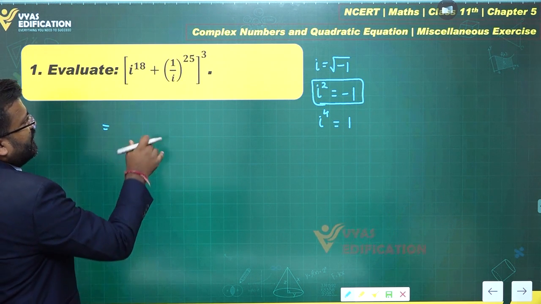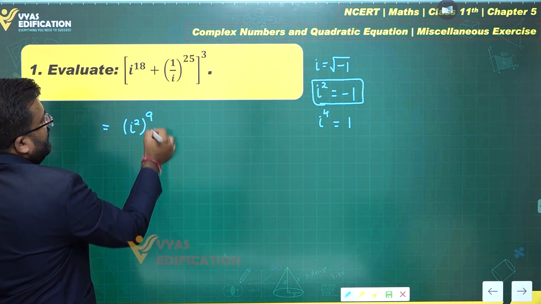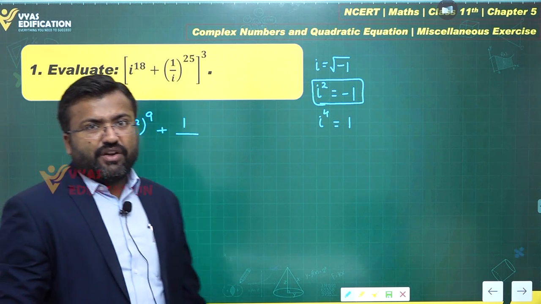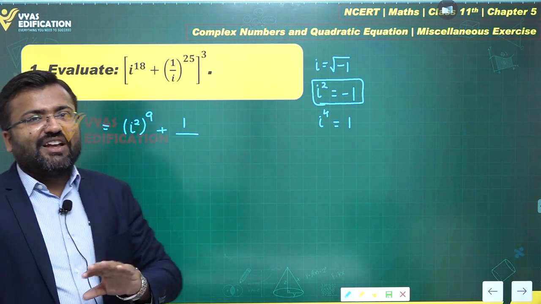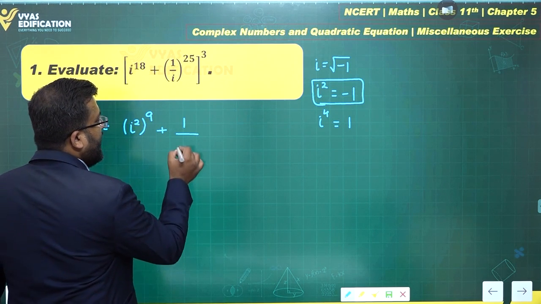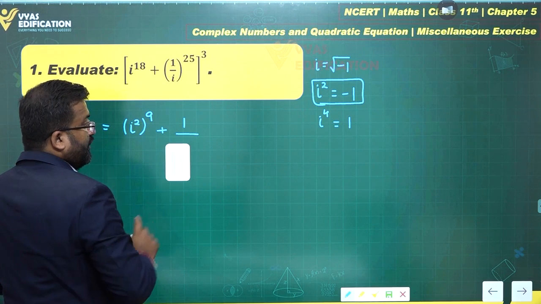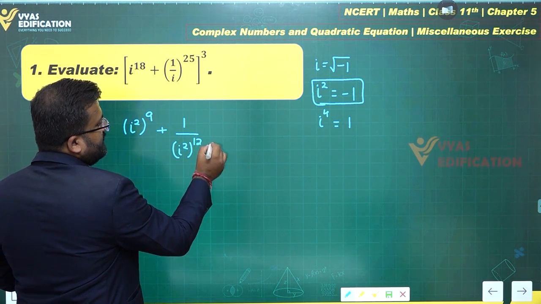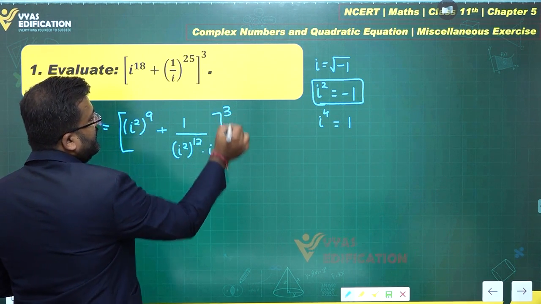This expression can be further written as i square power 9, plus 1 over i power 25. This is 1 upon i power 25 in the square bracket, right? i power 25 can further be broken down into i power 24 into i. i power 24 can be written as i square power 12 times, there is another i over here, and this whole power 3.